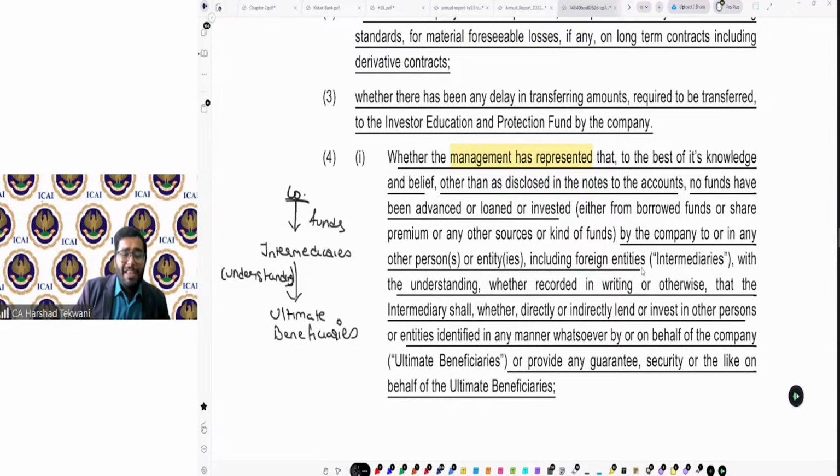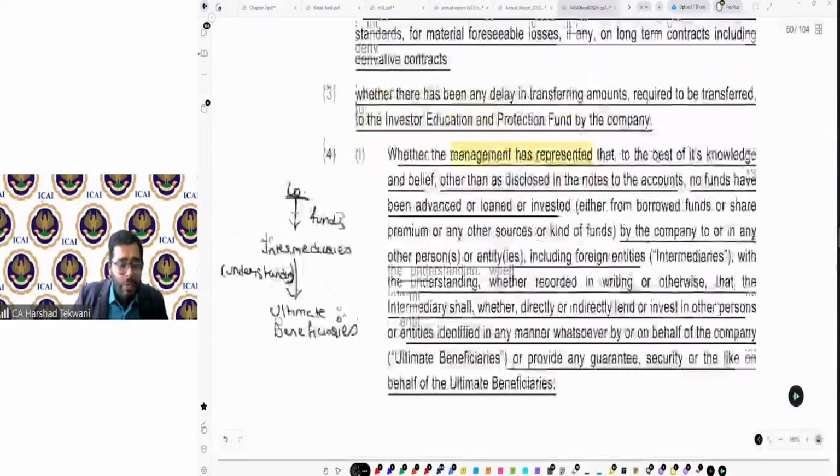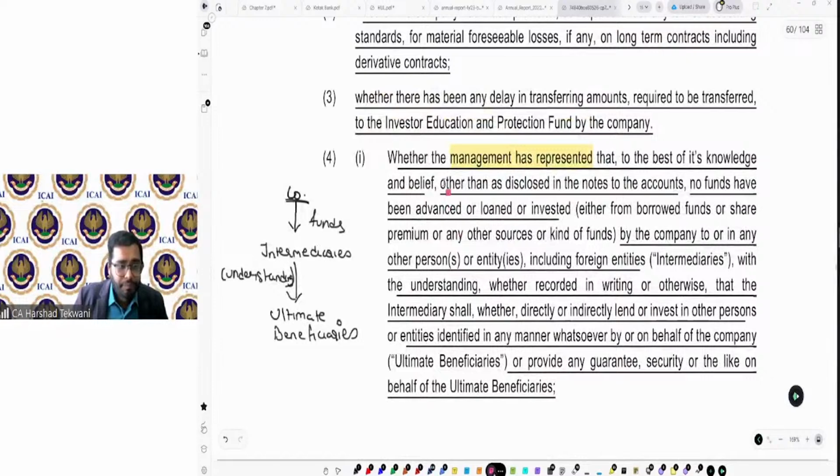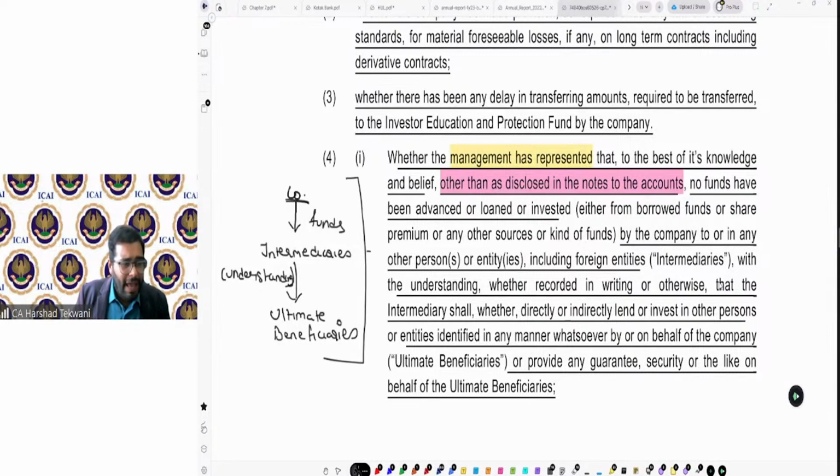So whether management has represented that other than, this part is very important, other than disclosed in the notes to account. If management has done this particular type of transaction, then they are required to report in FS.